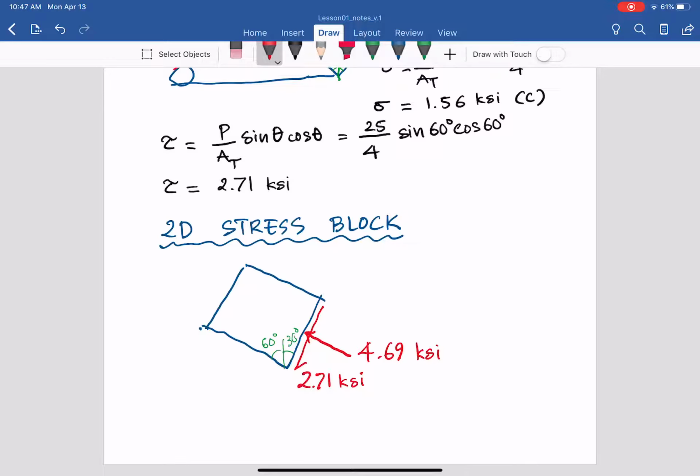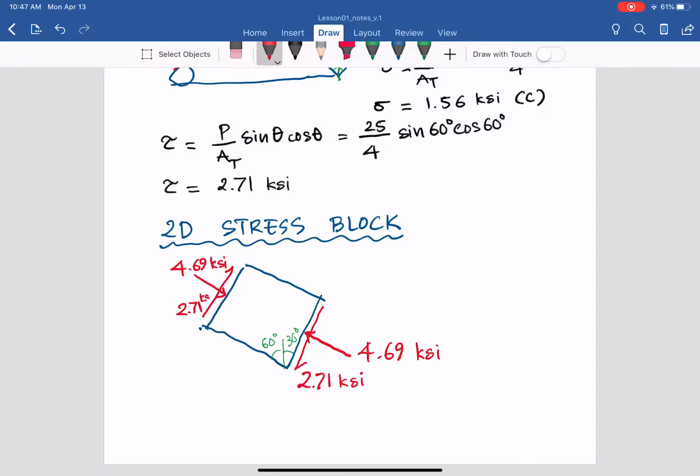And of course, by equilibrium, on the opposite side we also have 4.69 ksi, and the shear goes up, 2.71 ksi, to make it equilibrium.